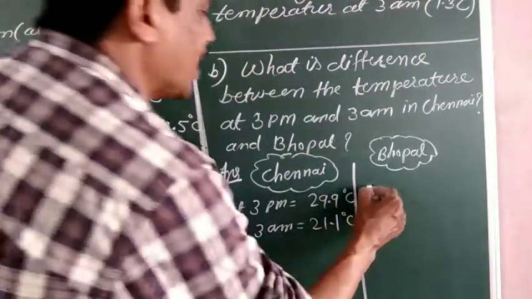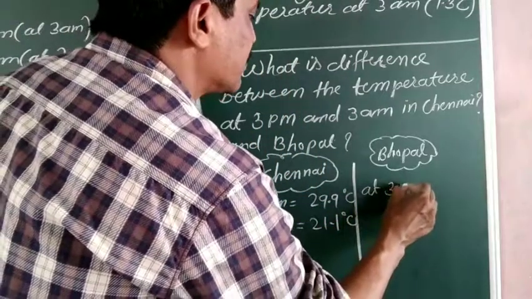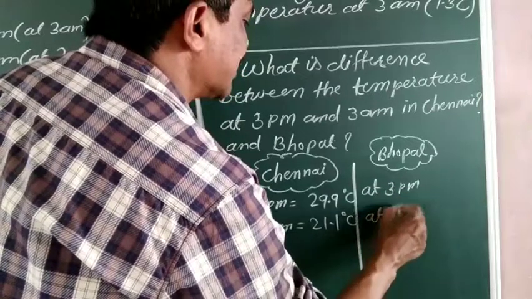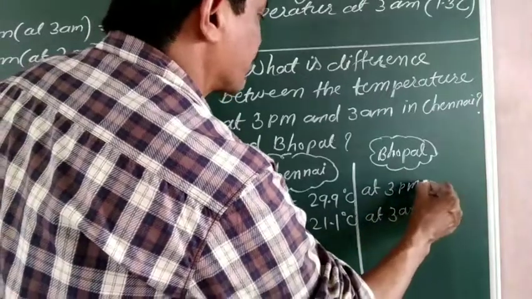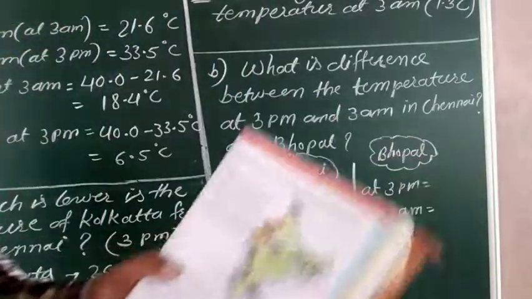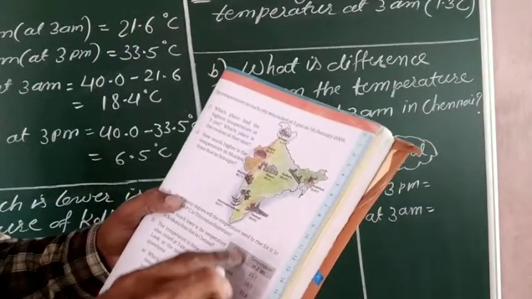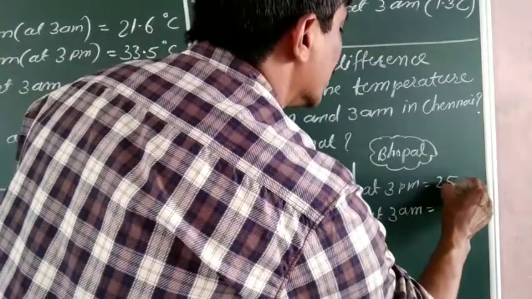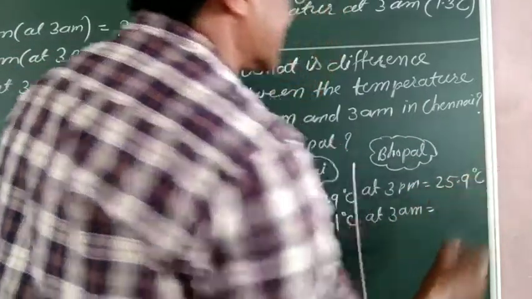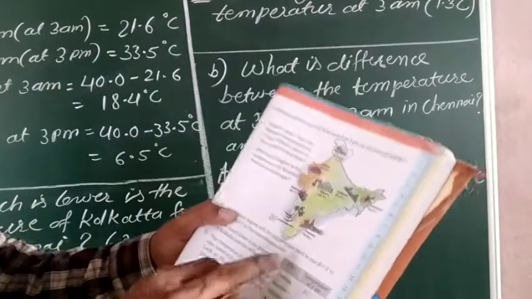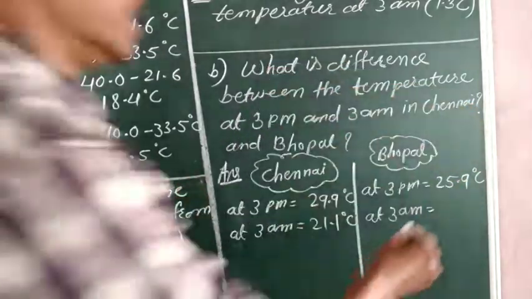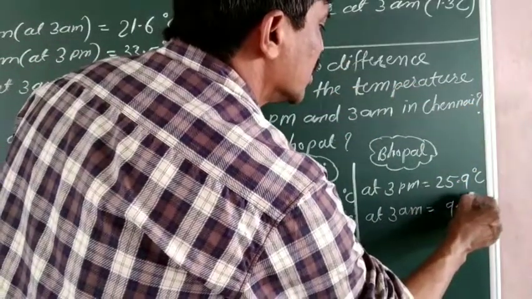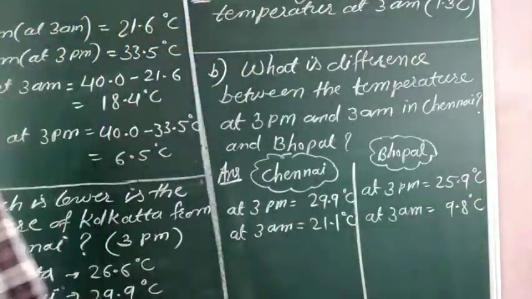Now in the same way, Bhopal at 3 PM and at 3 AM. Let's see Bhopal, where is Bhopal here? Bhopal at 3 PM is 25.9 degrees Celsius, and at 3 AM Bhopal is here 9.8 degrees Celsius.